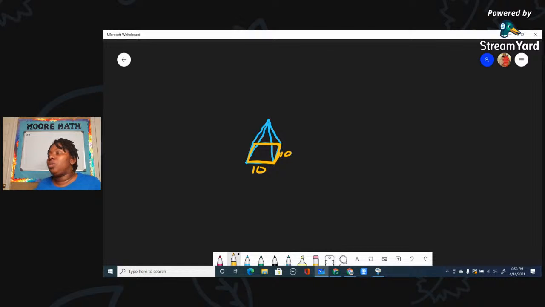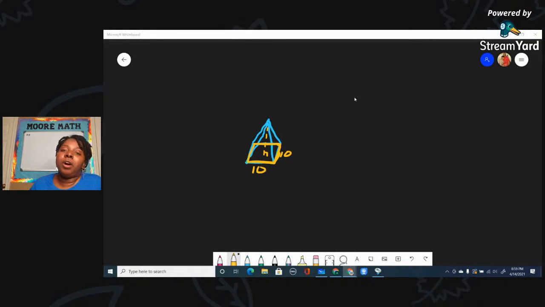And just like with the trapezoid, my height has to be perpendicular to the base.